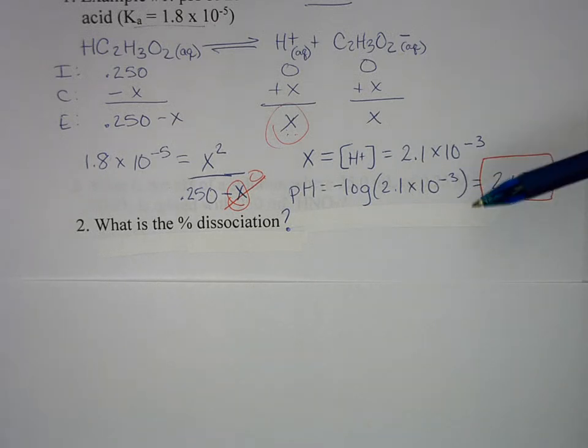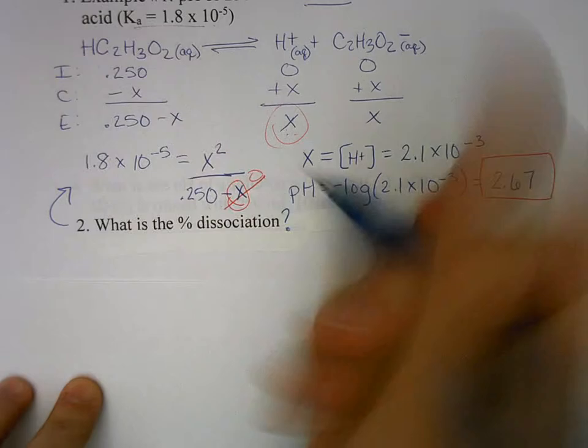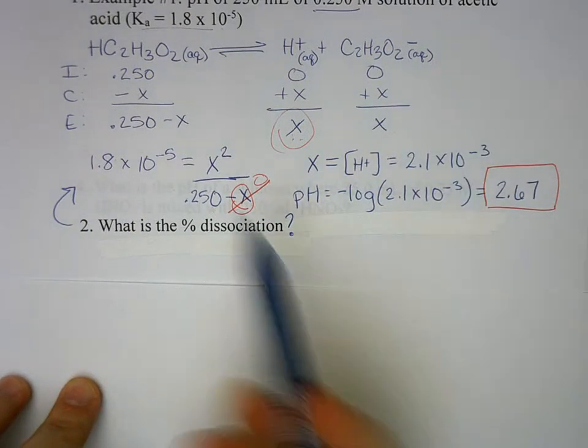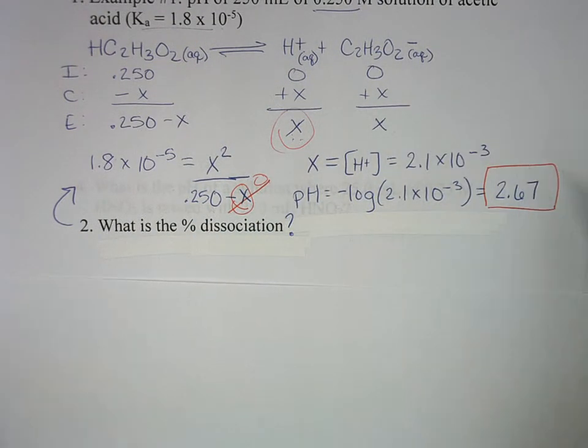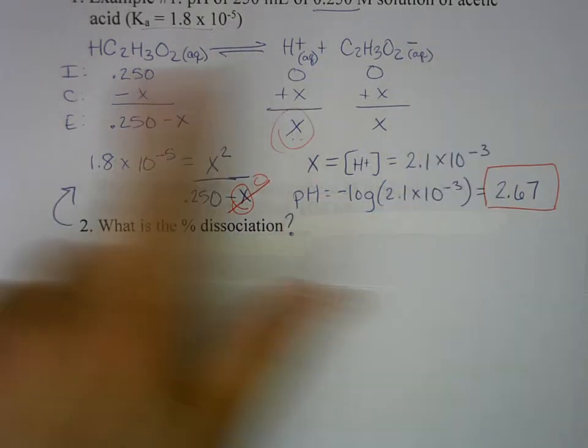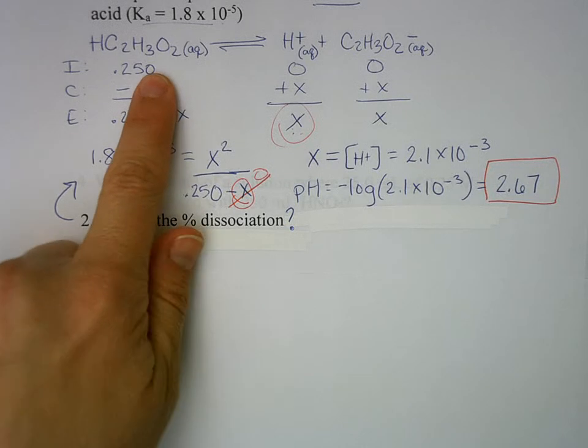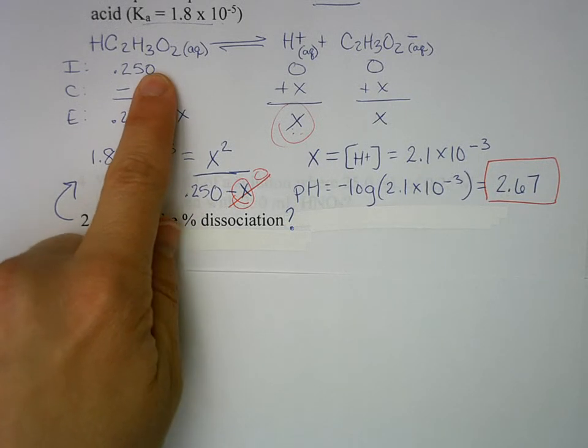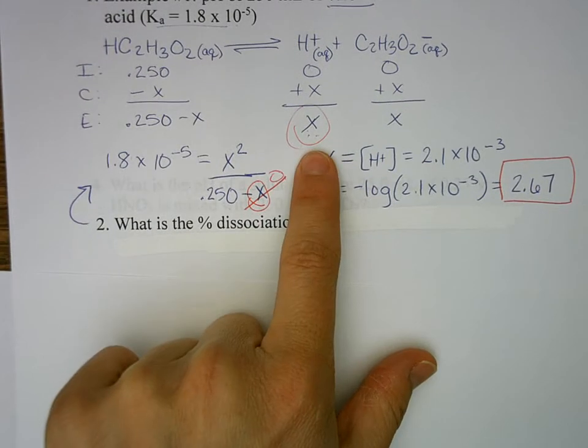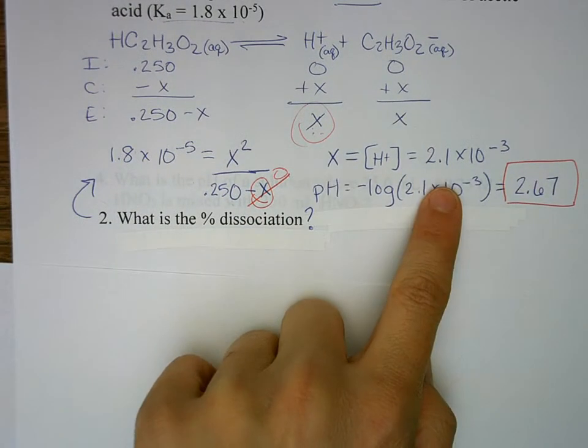And so we're just going to do this based on the example that we just did. If they give you all of this information and they say, what is the percent dissociation? What they're asking you is how much of the acetic acid molecules, what percentage of them actually broke apart. So how can you figure that out? You can take your value for X, which is the 2.1 times 10 to the negative 3.